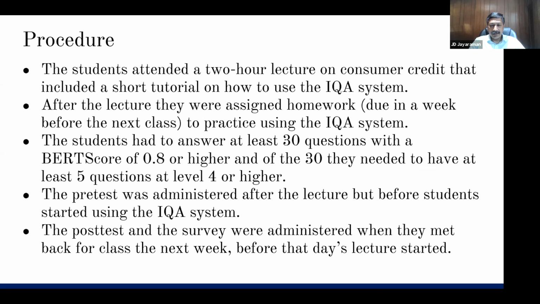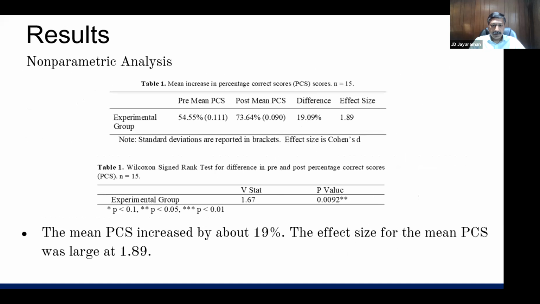The students had to answer at least 30 questions with a BERT score of 0.8 or higher, and of those 30, at least 5 questions had to be at the highest level of difficulty. The pre-test was administered after the lecture, but before students started using the IQA system. The post-test and the survey were administered when they came back to class the next week, before the lecture started. So that's the procedure.